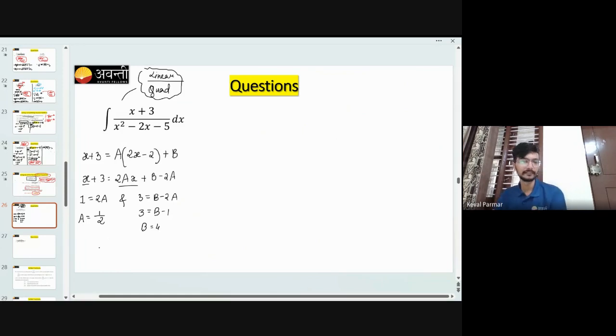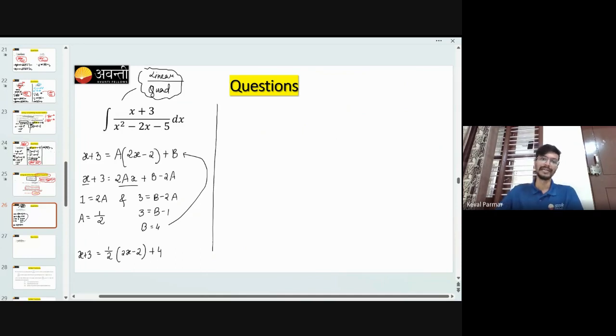So I can substitute both of these here. I can write x plus 3 as half into (2x minus 2) plus 4.